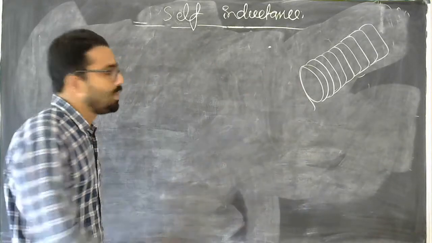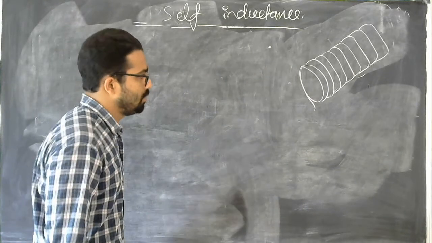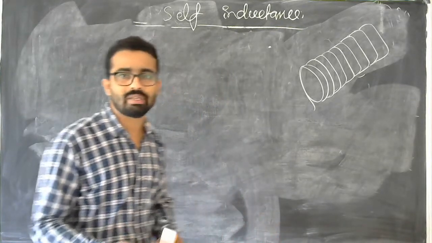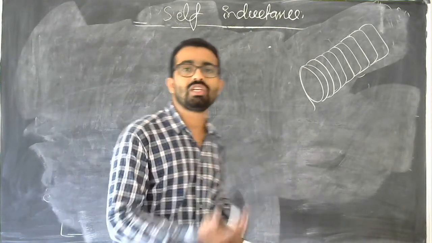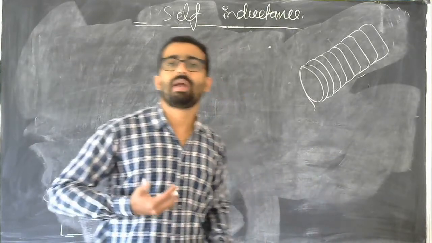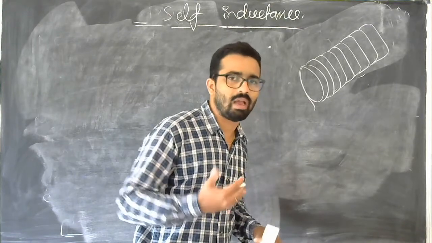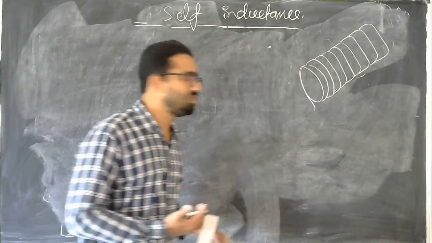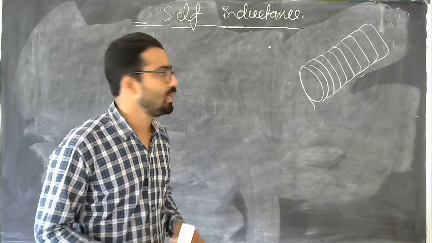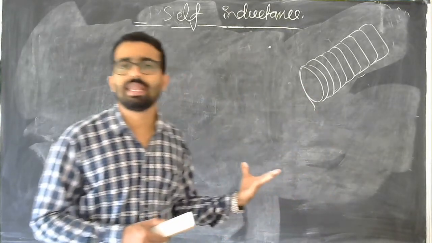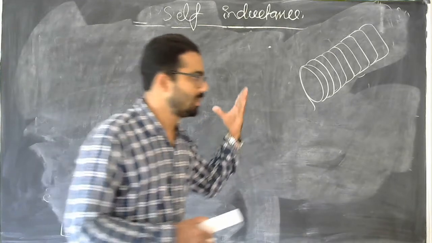Here we have taken only one coil, and we will change the current continuously. As soon as the current changes, there will be a change in the magnetic field, which will be linked with the same coil, so that it will induce an EMF.